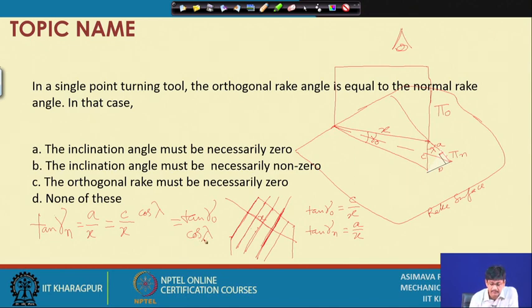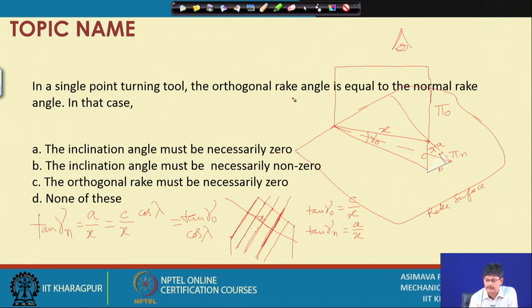If cos lambda is 1, then lambda has to be a particular value. How much is that? Cos lambda is 1, so lambda must be 0. But there is a big but here: must it be necessarily 0? Not so.